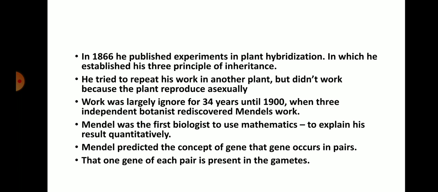The gene concept was discovered later, after Mendel's work, but he gave the concept of the gene, and also the concept that genes occur in pairs, so that one gene of each pair is present in the gametes. So during gamete formation, one gene of the pair is present in a gamete.